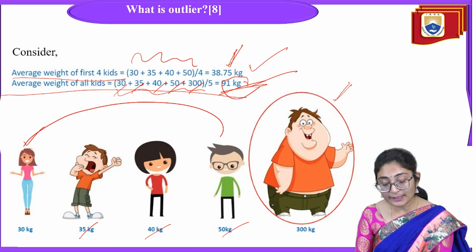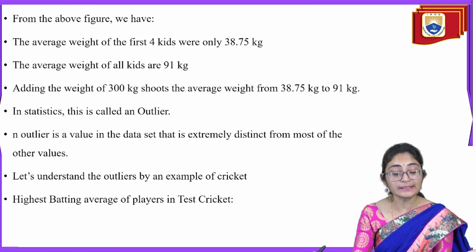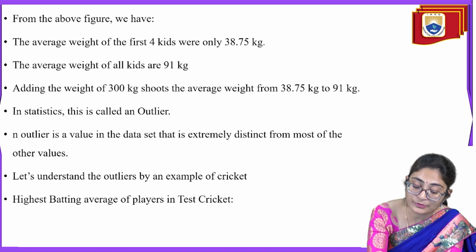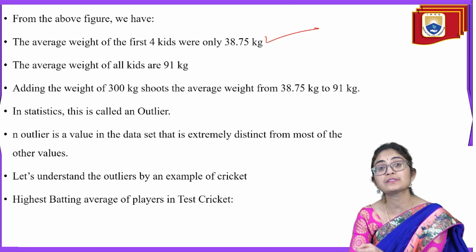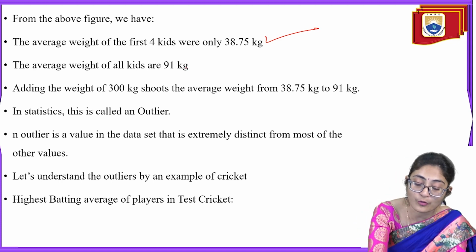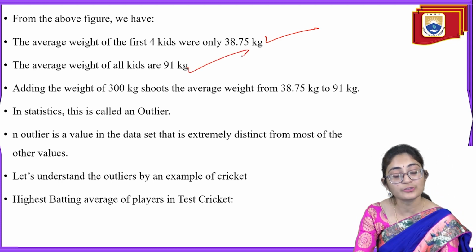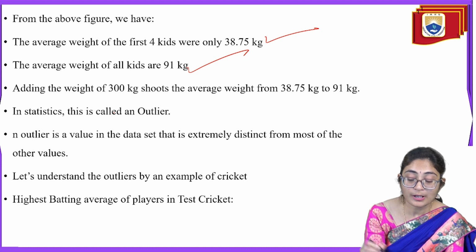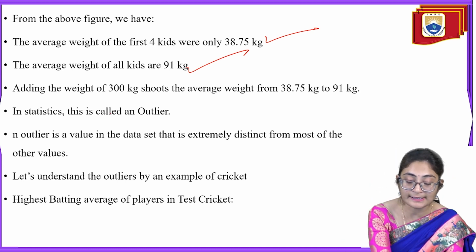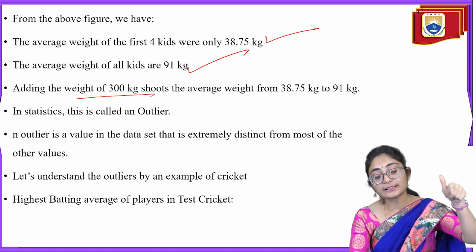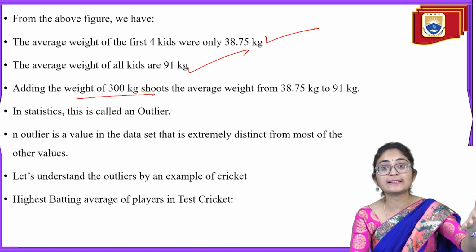So totally it's a different thing. The average weight of the first 4 kids, we have observed, is 38.75 and the average weight of all the kids is 91 kg. But how is it changing by adding weight? Only because you have added 300 with those 4 kids' weights.